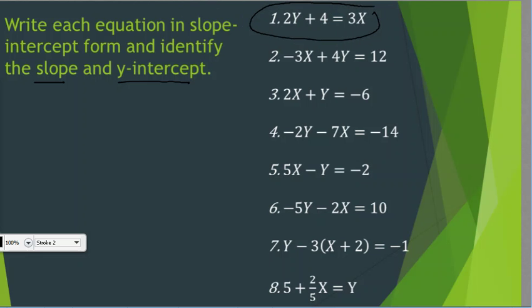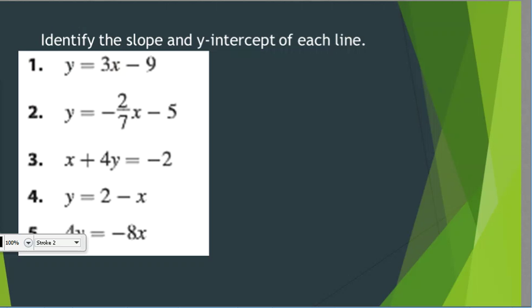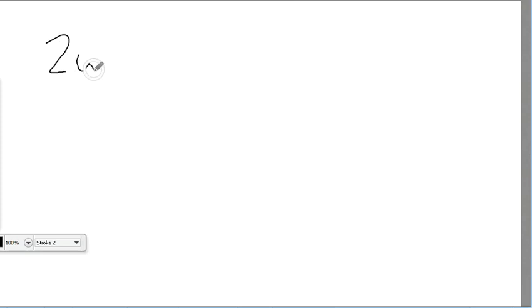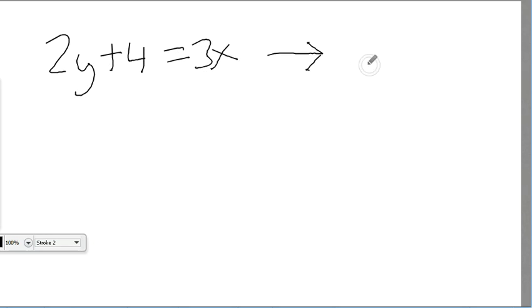2y plus 4 equals 3x. Sorry about that, I wanted to do a new page. 2y plus 4 equals 3x. We want to put this equation into slope-intercept form.